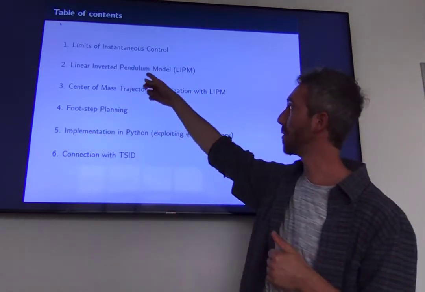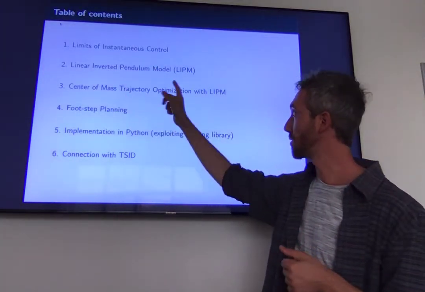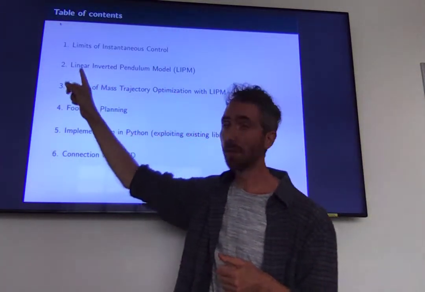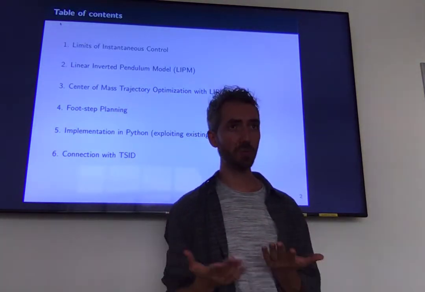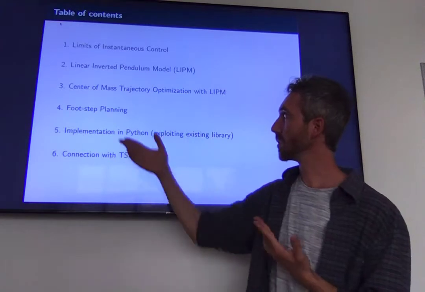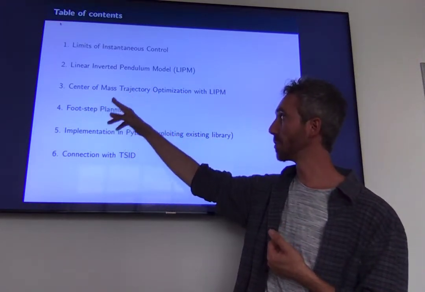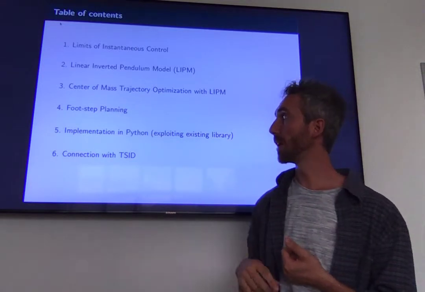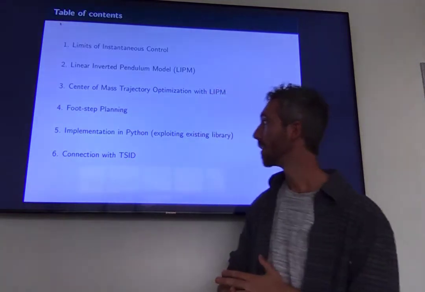And then we're gonna see how we can use this simplified model to do trajectory optimization for the center of mass of the robot to get a desired center of mass trajectory. We could also do, with a slight modification to this optimization problem, optimize for the footstep positions of the robot.